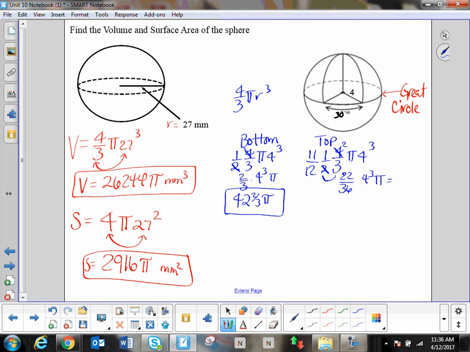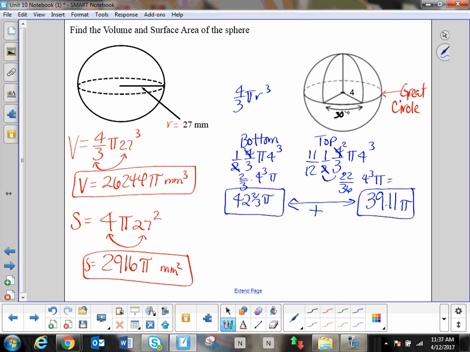Alright, so try this again. 4 cubed times 22 divided by 36. 39.111. Yes? Alright, good job. Okay, now with these two right here, you want to add the 2s.